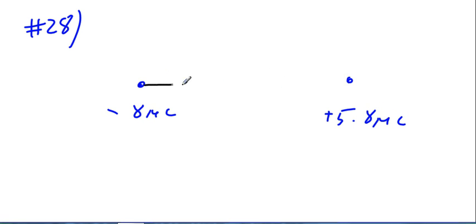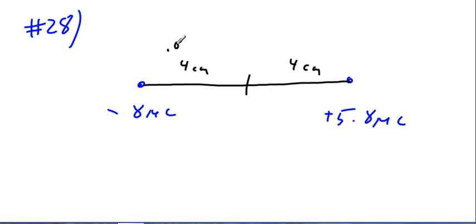Okay, so we have 4 centimeters on this side, 4 centimeters on this side, and we know the author is trying to hose us over because we have to keep those distances in meters in order for them to work in the equations that we have. And though the charges are nearby, we want to determine the direction and the magnitude of the field.